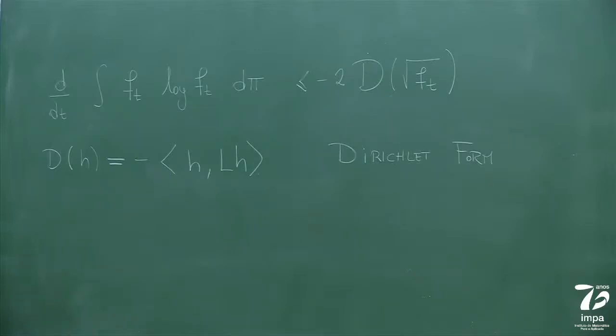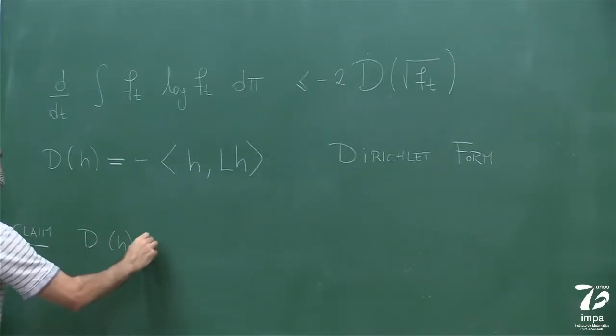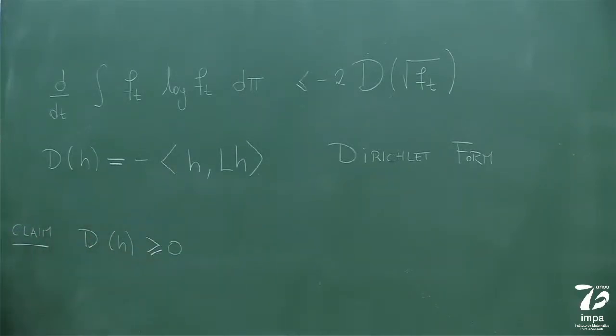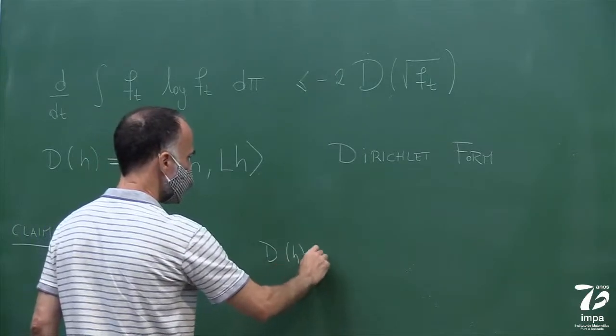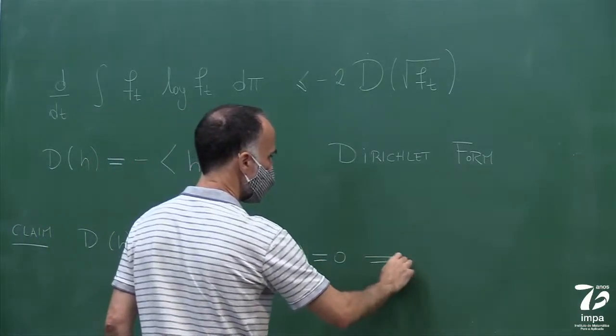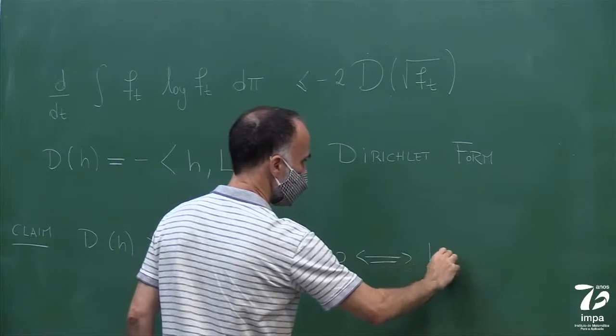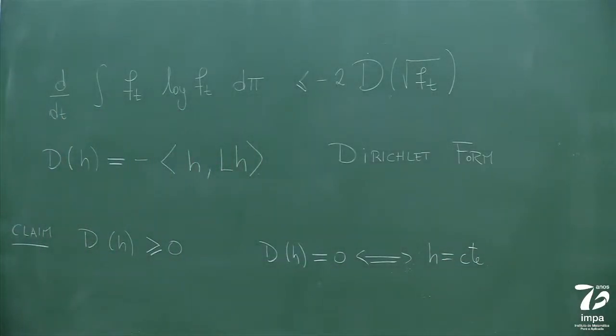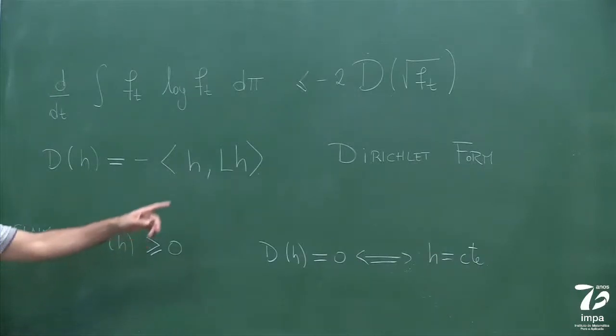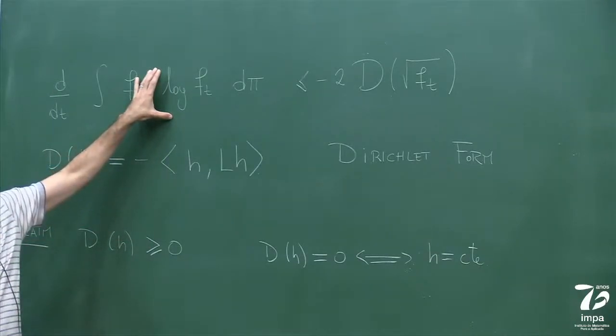So what I claim now is that the Dirichlet form of h is always nonnegative, and it is equal to 0 if and only if h is constant. So since the Dirichlet form is positive, this means that indeed the entropy decreases in time.